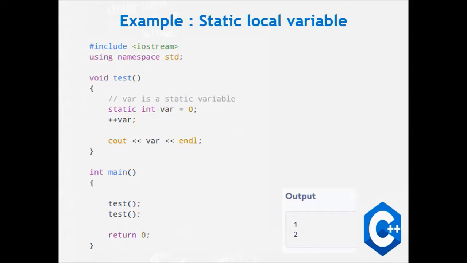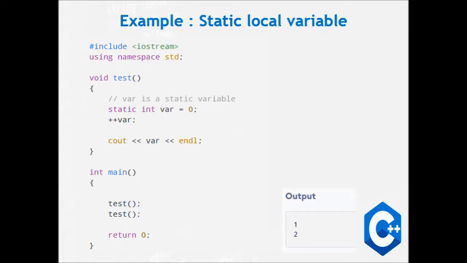So var is a static variable. Then we want to have an increment in our variable, ++var. Then we show its value on the screen, cout var. Okay, then we write our main program. In our main program we call the test function 2 times, and then we end our main program.